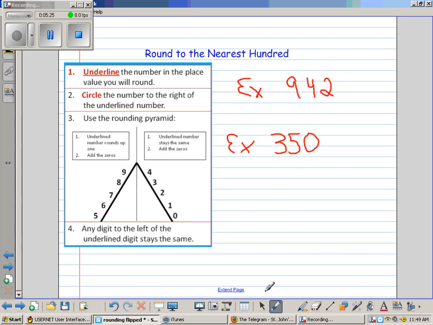So the only steps I'm going to give you, we know this time we're rounding to the hundreds. You underline the hundreds digit and you circle the digit after it. And those 2 digits are telling us what to do.